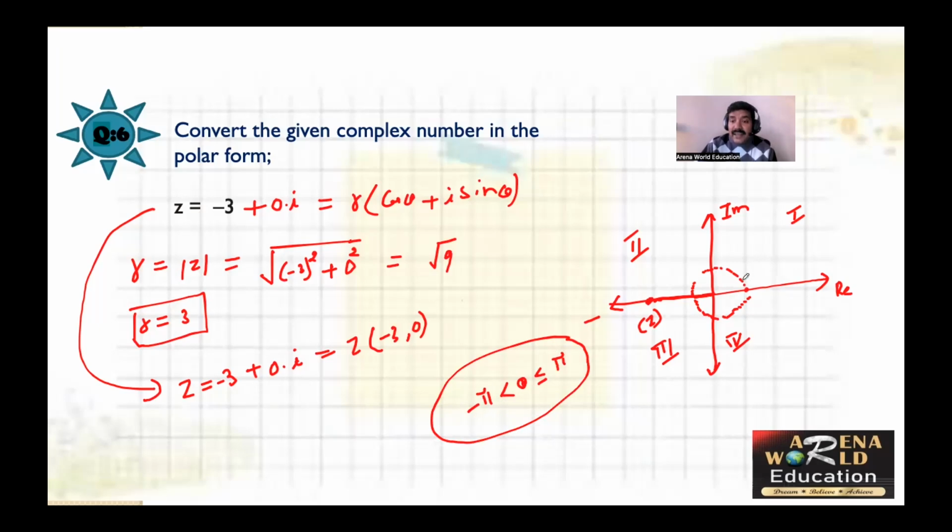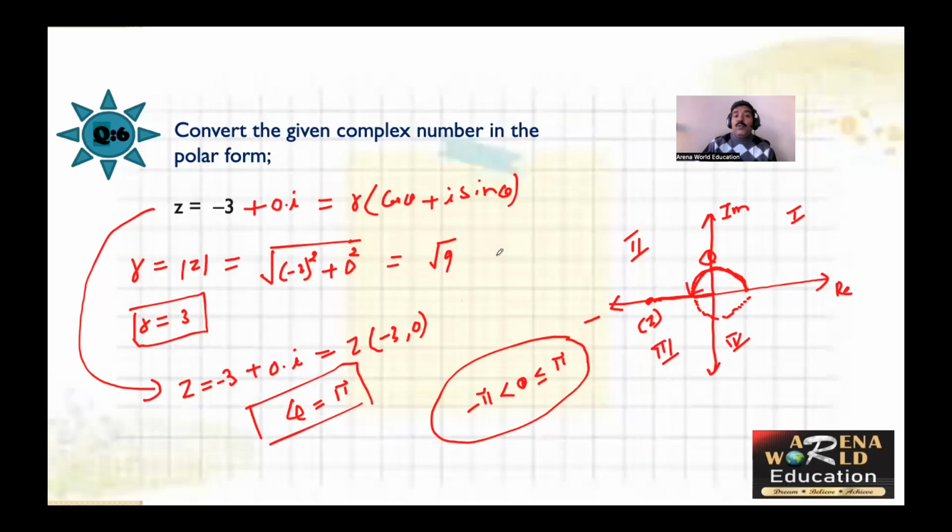If theta can be equal to pi means we are coming in which direction? Yes, it will be in anti-clockwise direction. So this will be the value of theta. Here directly there is no need to find any alpha. So directly you can write theta is what? Theta is equal to, yes, pi.